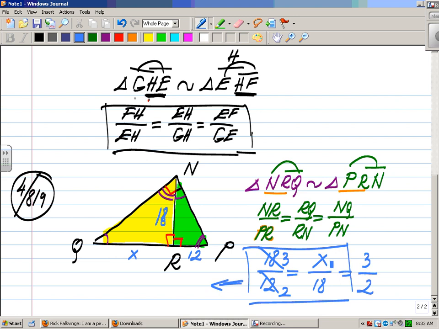You have 2 times x equals 3 times 18. What is 3 times 18? 54, right? To find x, you divide by 2 and you find that the variable x will be 54 divided by 2, which is 27.